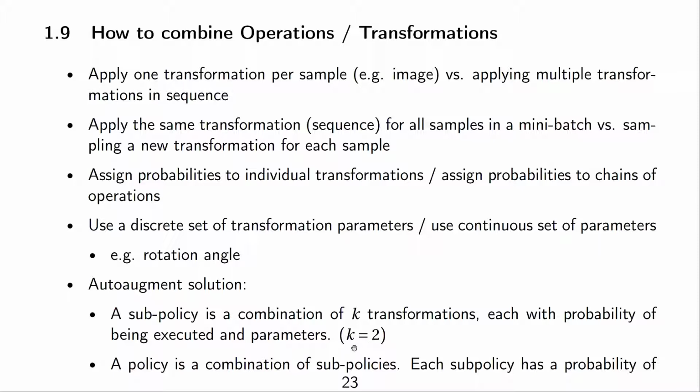But they use only a small number k, so they only use subpolicies that consist of two transformations. So a policy is a combination of subpolicies in AutoAugment, and each subpolicy has a probability of being selected. This is a very general and very powerful framework.